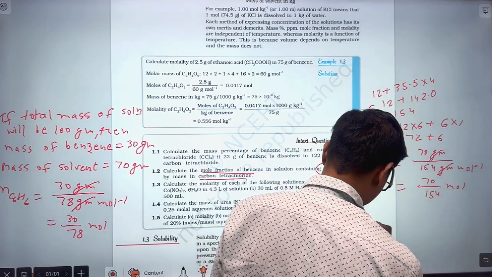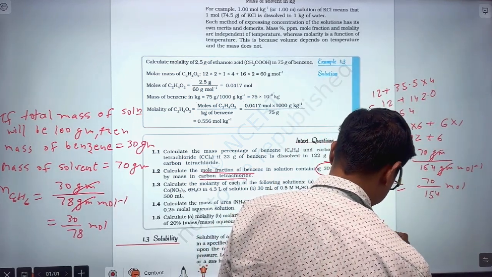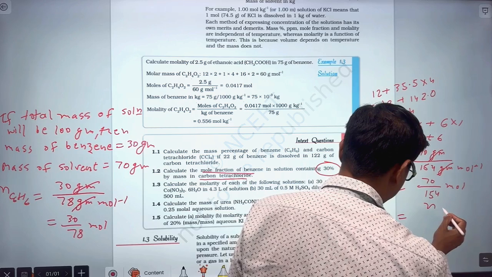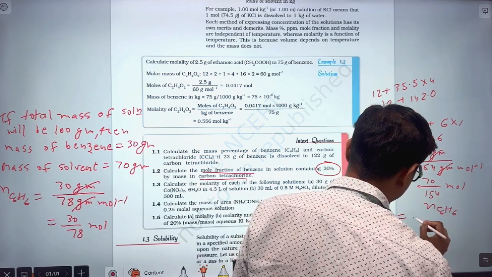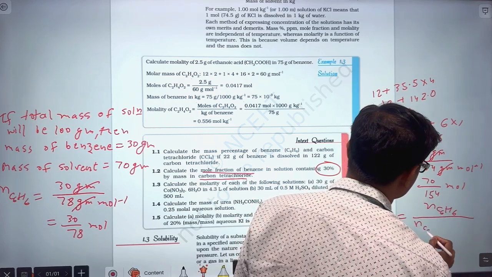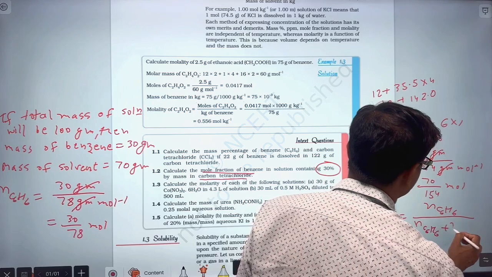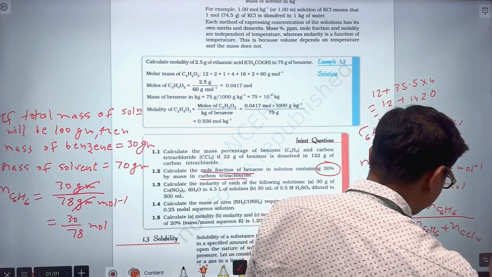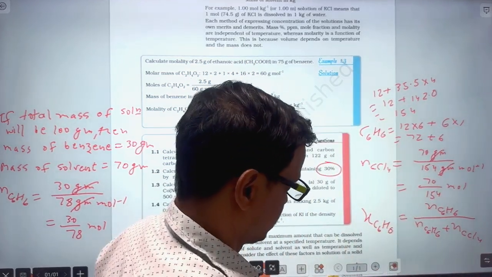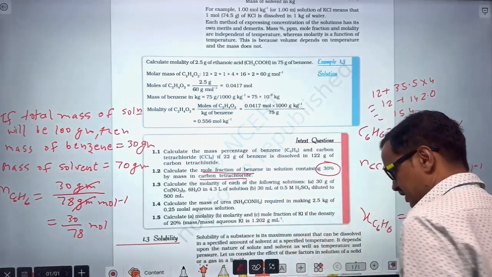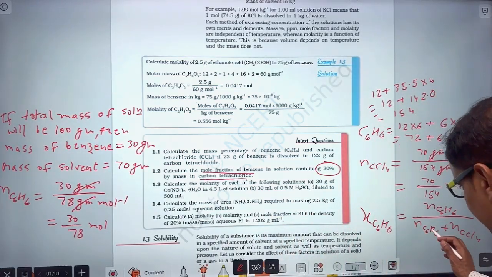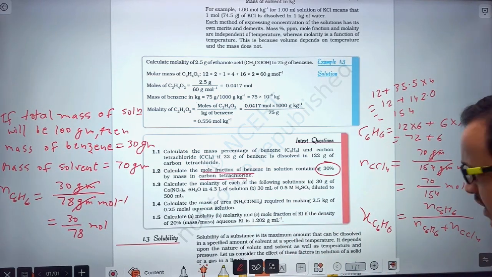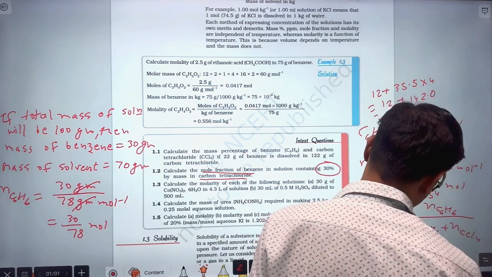Now the mole fraction of benzene will be equal to number of moles of benzene upon number of moles of benzene plus number of moles of carbon tetrachloride, because in the solution there will be particles of benzene and of carbon tetrachloride. Very simple.